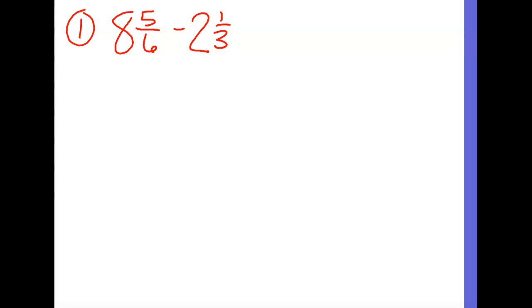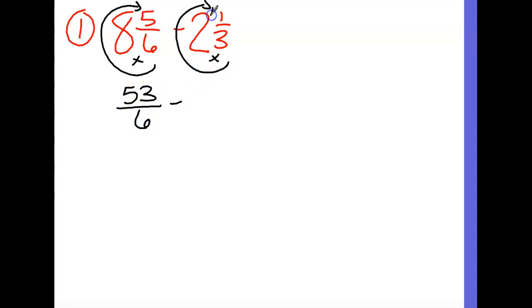Okay, so I have mixed numbers, so the first thing I have to do is change them into improper. 8 times 6, plus 5, 53. Minus, I multiply, and then add, and my denominator stays 3.